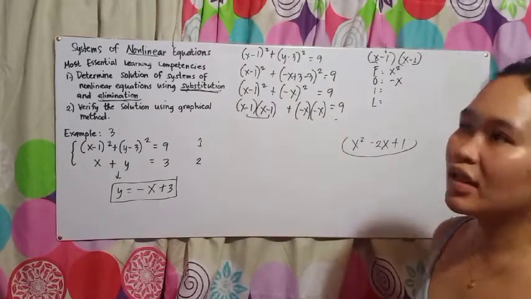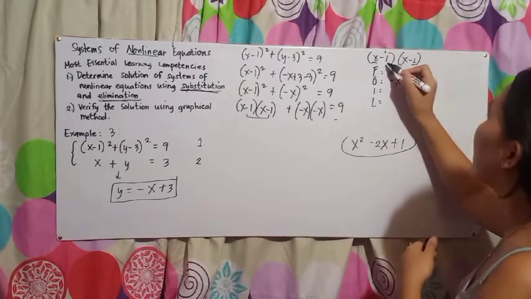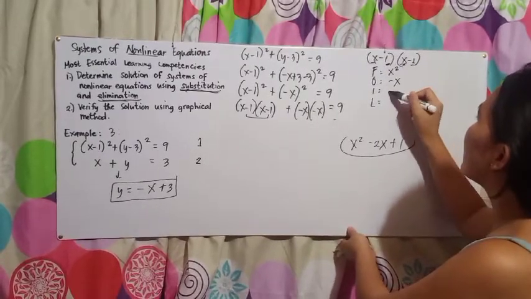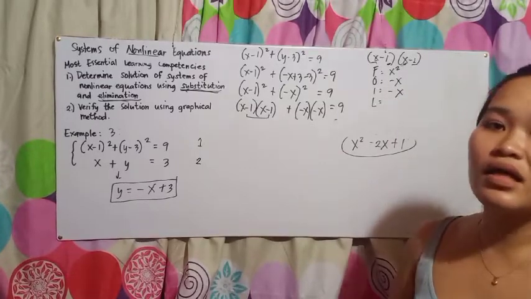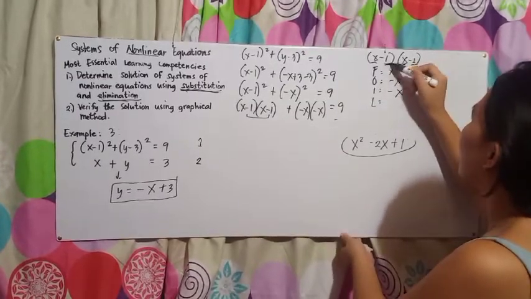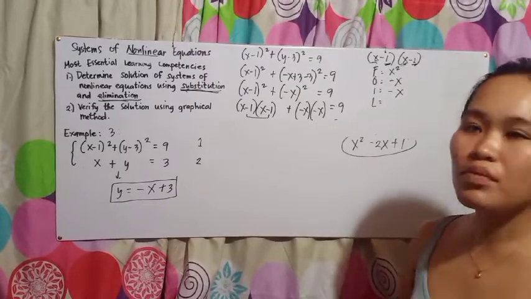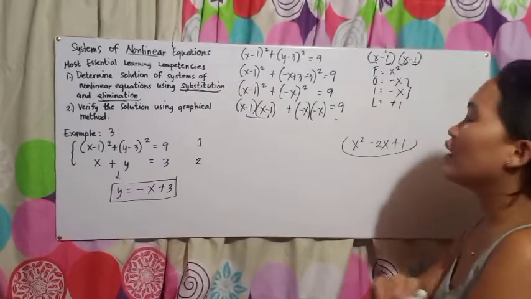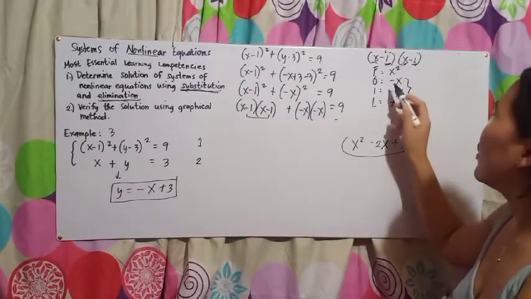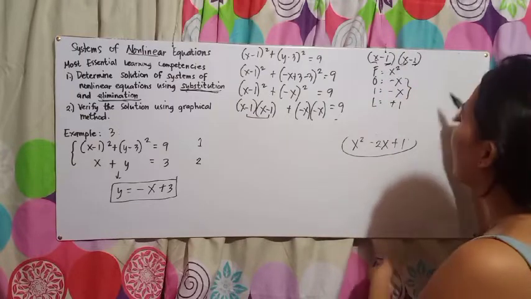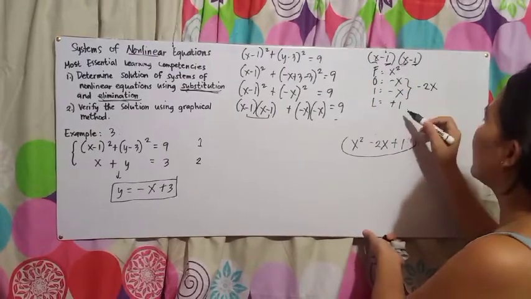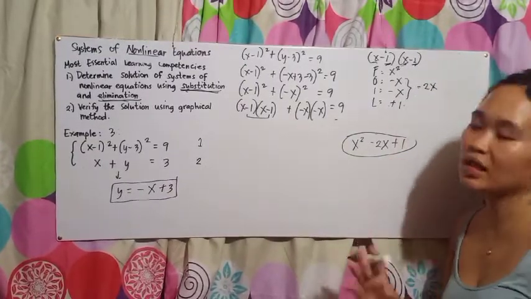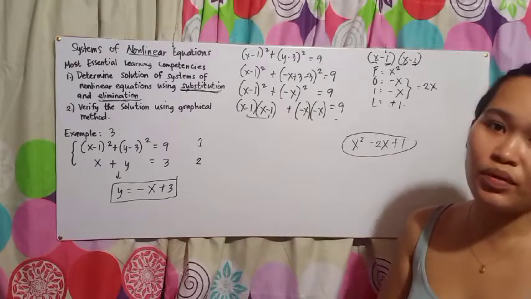I stands for inner. The inner terms are multiplied. Negative 1 times x is negative x. Then L stands for last. Negative 1 times negative 1 is positive 1. Since these two are like terms with the same sign, we add them, so negative 2x. The answer is x squared minus 2x plus 1, the same as before.